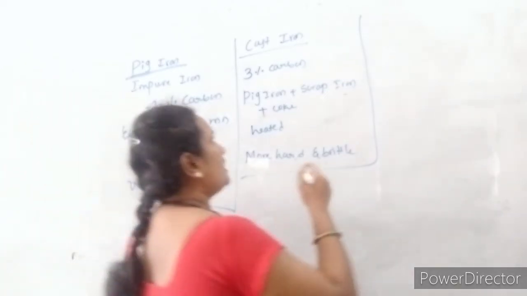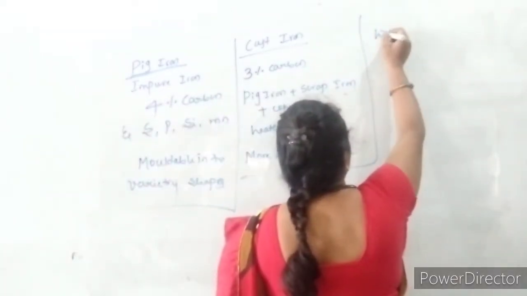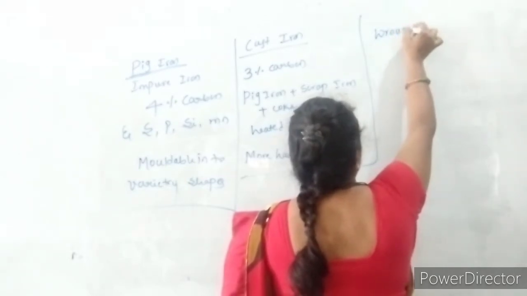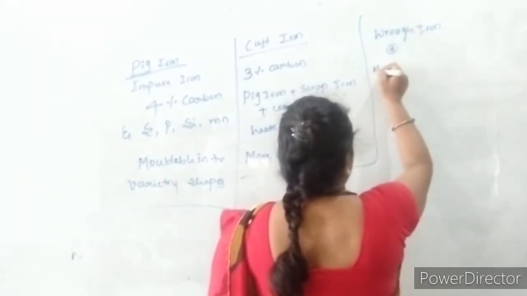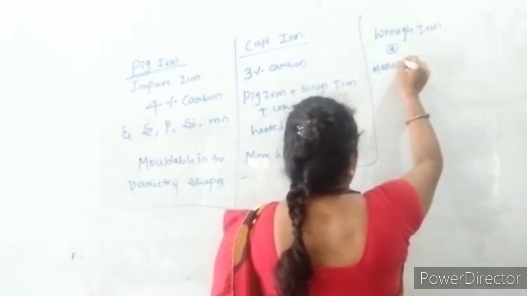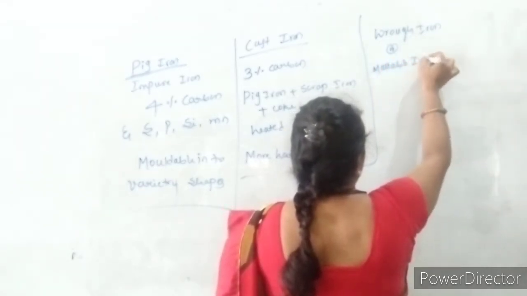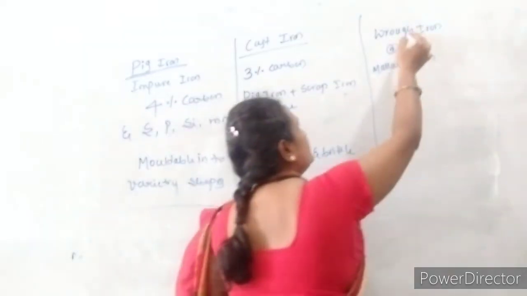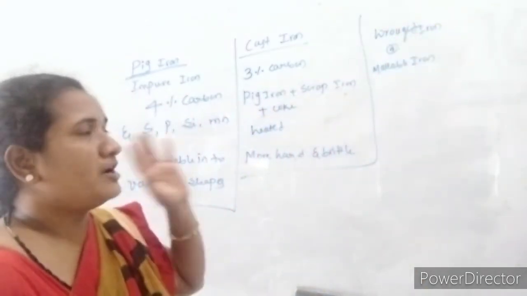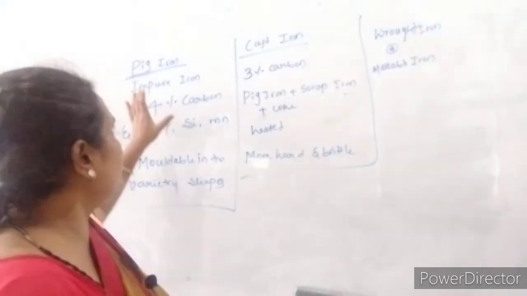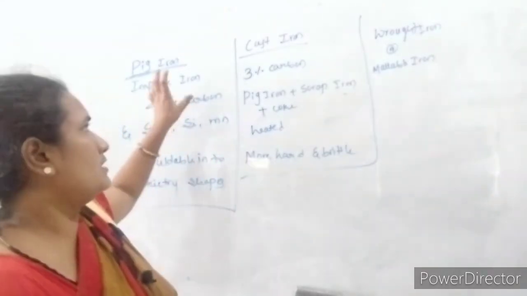That pure iron is nothing but wrought iron or malleable iron. Malleable iron or else wrought iron is considered to be the pure form of iron. So you have to remember the names. Pig iron is the impure iron.